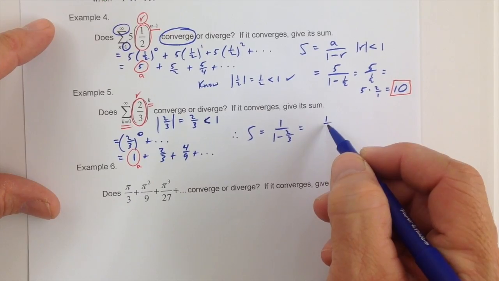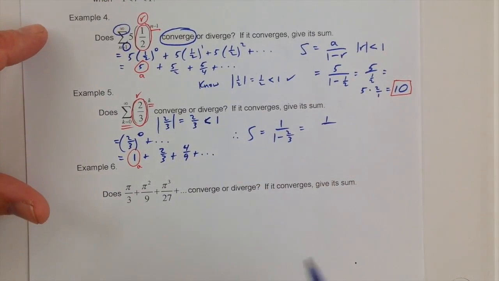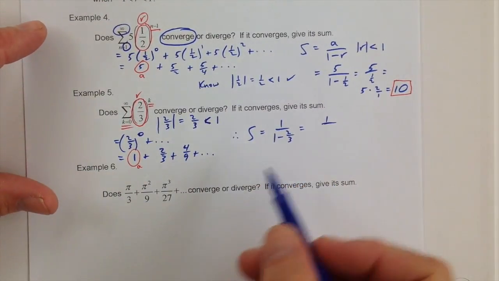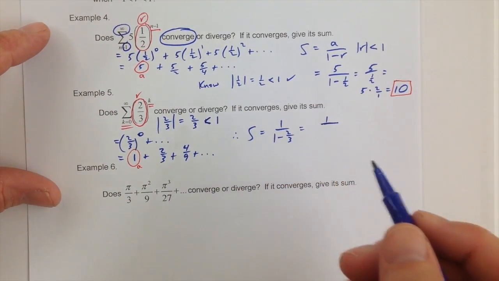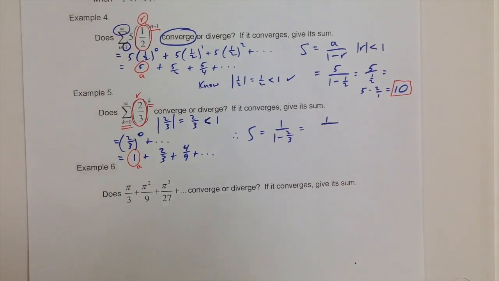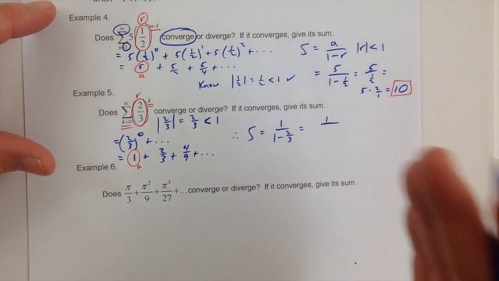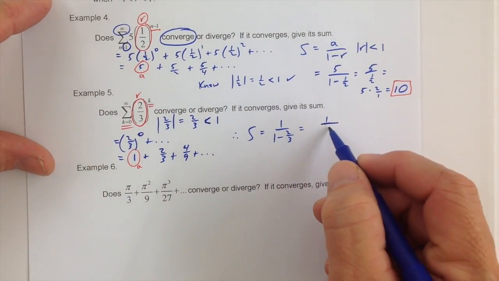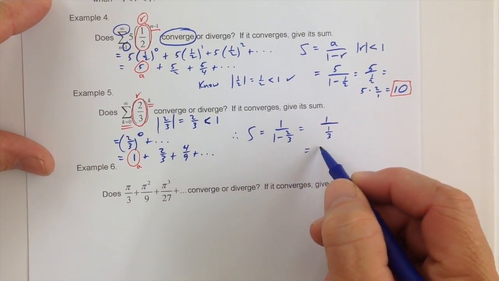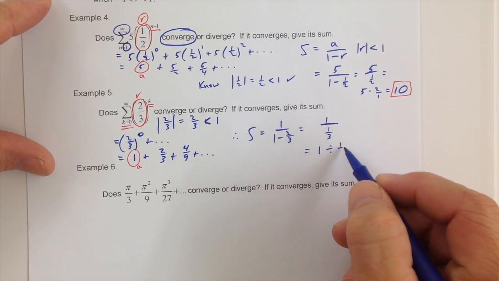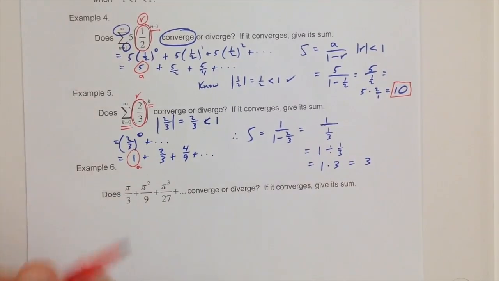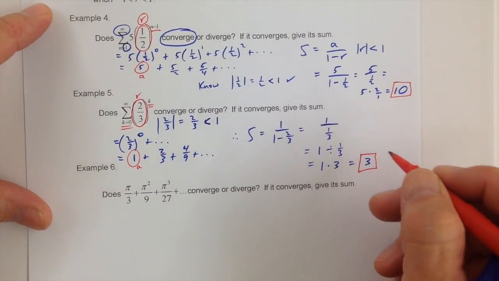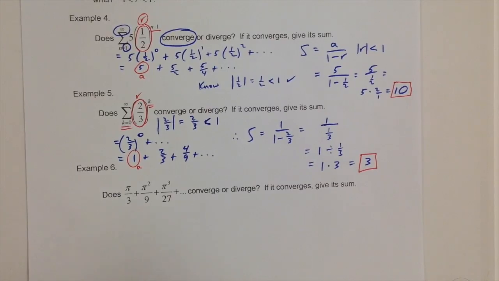Even though I can do this in my head, I don't want to leave it to chance. I want to make sure I write everything down, because on a test you're going to be thinking about a lot of things, so just write it down. 1 minus 2/3 is 1/3. 1 divided by 1/3 is 1 times 3, which is 3. You can kind of guarantee yourself of not making any mistakes as long as you do these things.